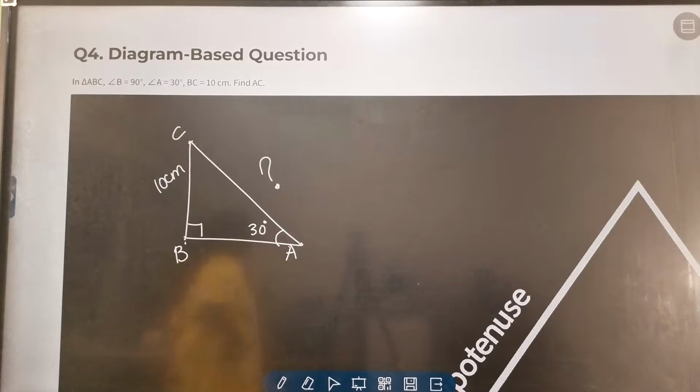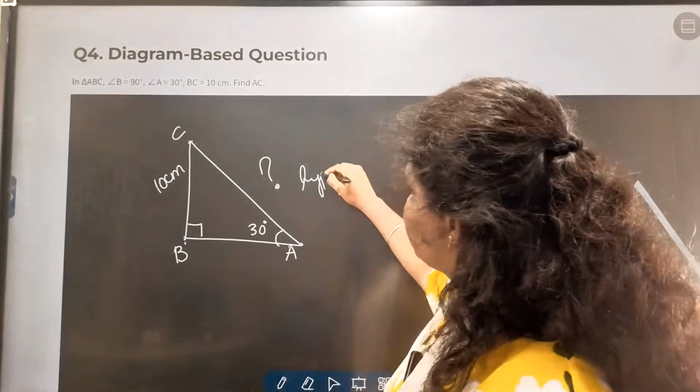Yes, AC. AC is the hypotenuse side, right? So how will we find?